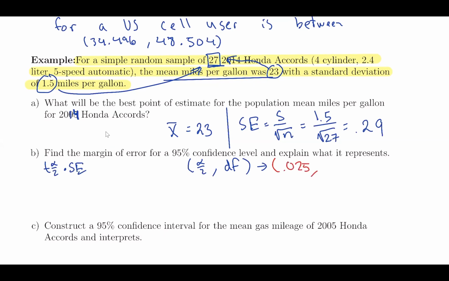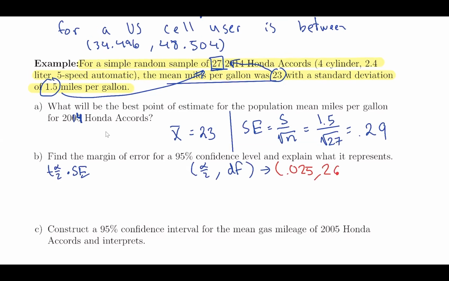0.025. Lastly, what's my degrees of freedom? 26. Yeah, 26. In case you're wondering how we get 26, degrees of freedom is equal to n minus 1, so we do 27 minus 1, which is 26. In ClassCalc, I'm going to give it this information.